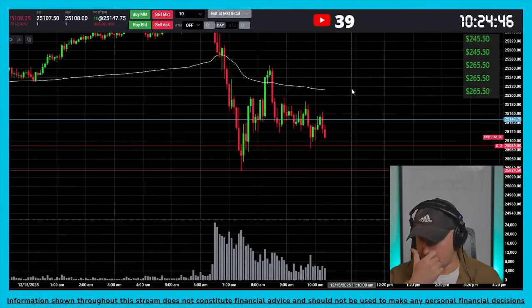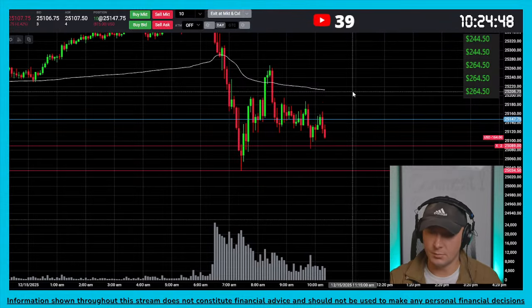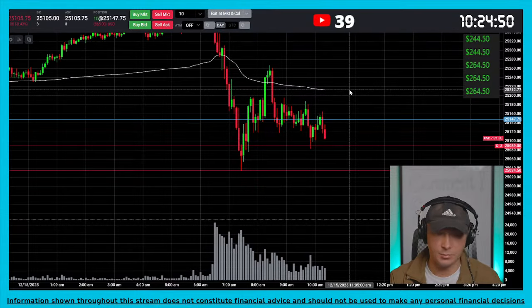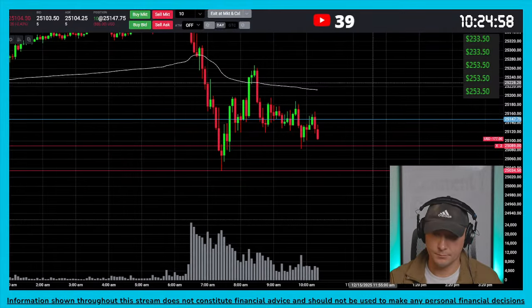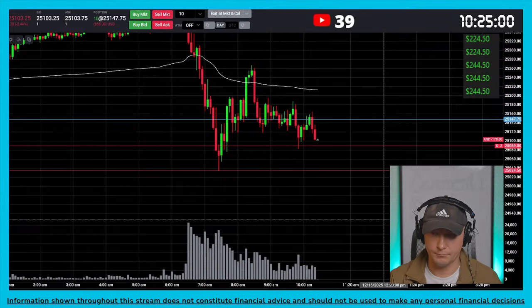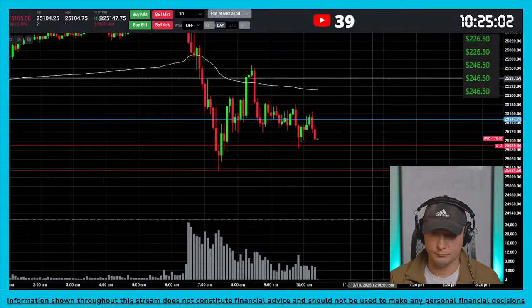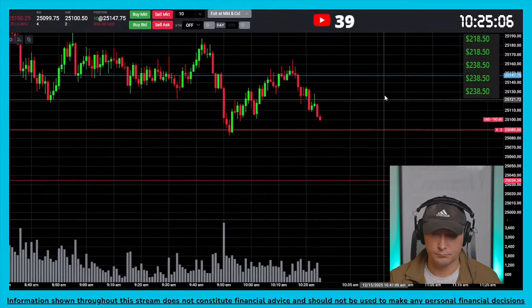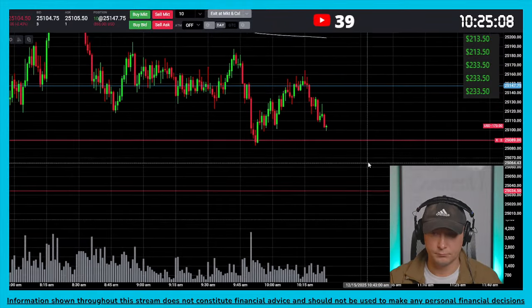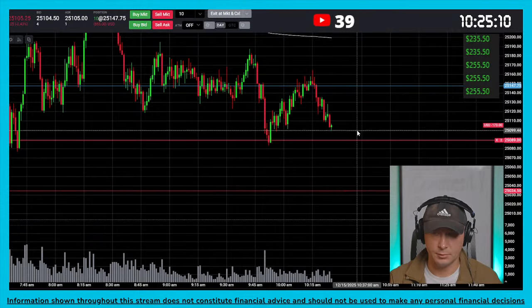Looks a bit more bearish. If we can make a higher low, there's a little bit more hope left. There it goes, testing 100.